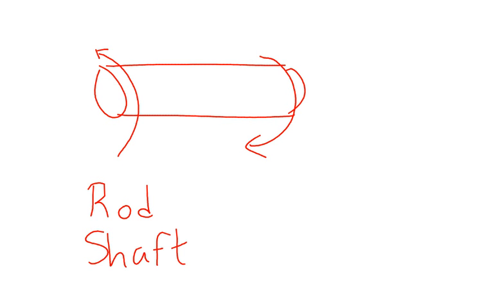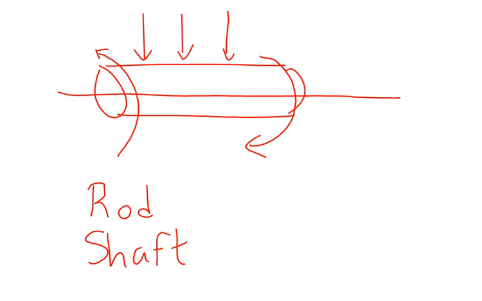In the next chapter, we're going to load it yet in a different way. Right? We're going to load it with transverse loads, which are loads that are perpendicular to the long axis. Okay? So if I load it transversely like so, now we refer to it as a beam.